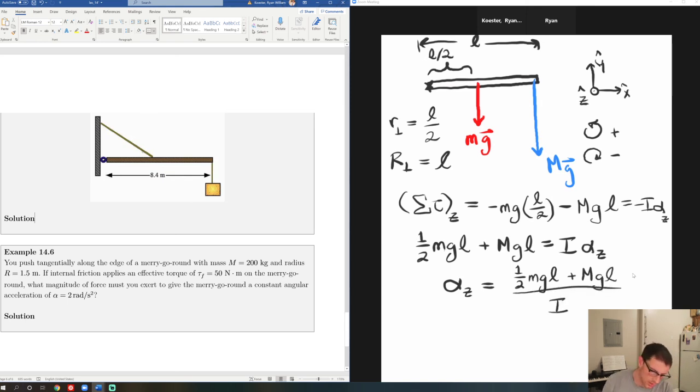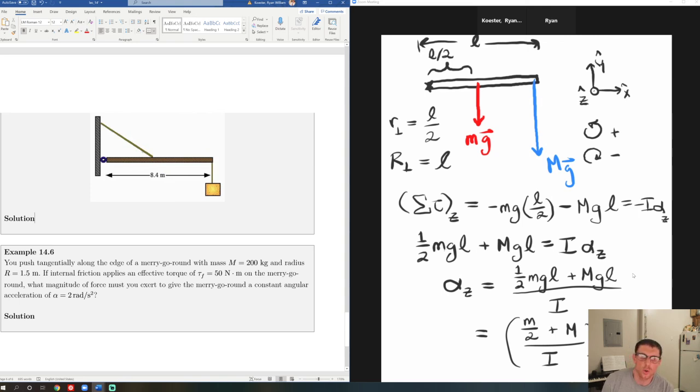And if you wanted to be fancy, you could factor out the gL, of course. If we did that, what we would get is little m over 2 plus big M, divided by I, times gL. And that's your angular acceleration.